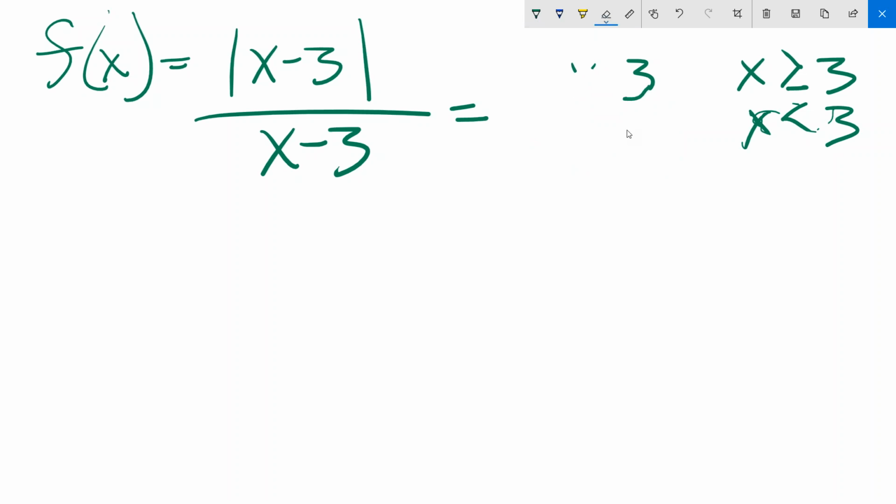Okay, let's just talk about this whole function. Whenever x minus 3 is positive, this thing's equal to 1, correct? Yeah. And what makes x minus 3 positive is when x is greater than or equal to 3. Even if it's exactly equal to 3, the whole thing is equal to 1.